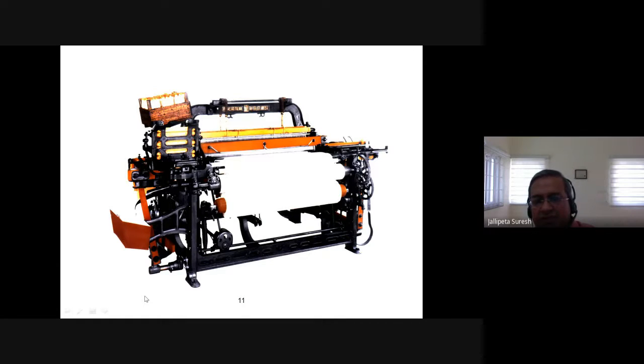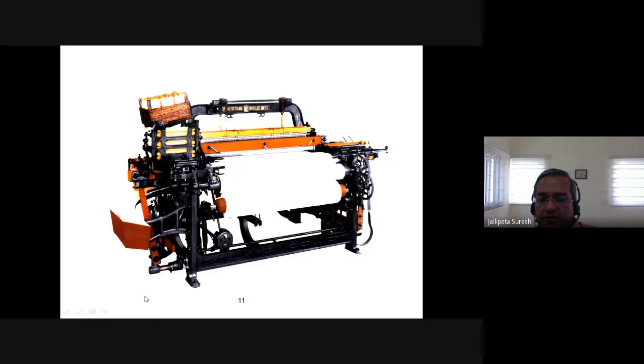Whenever the textile weaving operation is going on, threads are used to weave the fabric, and as these threads are used, they had to be replenished.